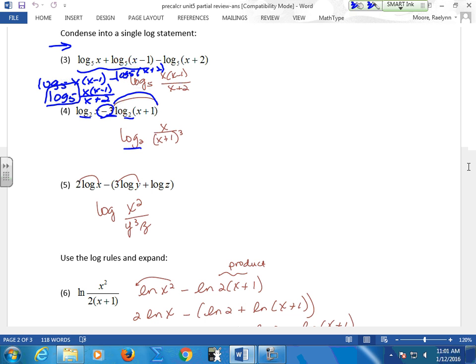Now, this guy, do this first. It's in parentheses. Bring up the 3. What was I doing when I added them? Oh, I was multiplying. So I'm going to have log x squared minus, and I got to multiply, log y times z cubed. Oops, nope, y cubed. I wasn't even close. Y cubed z.